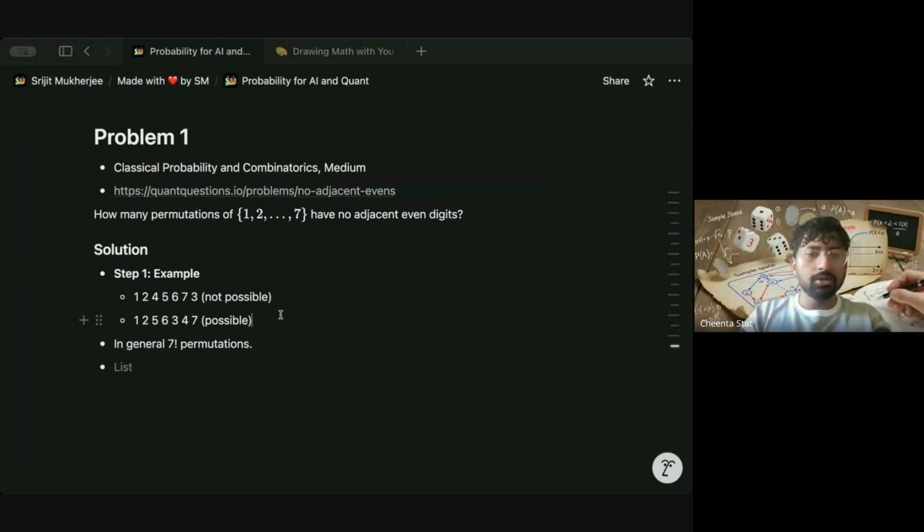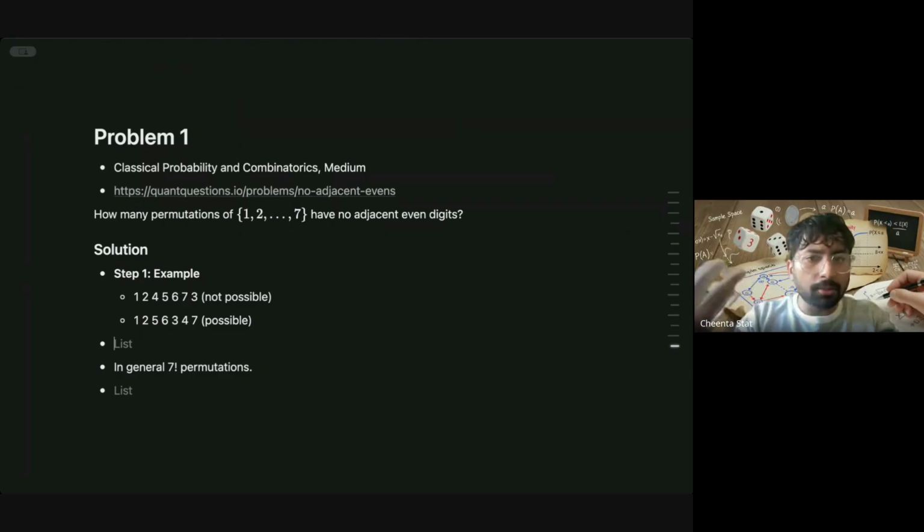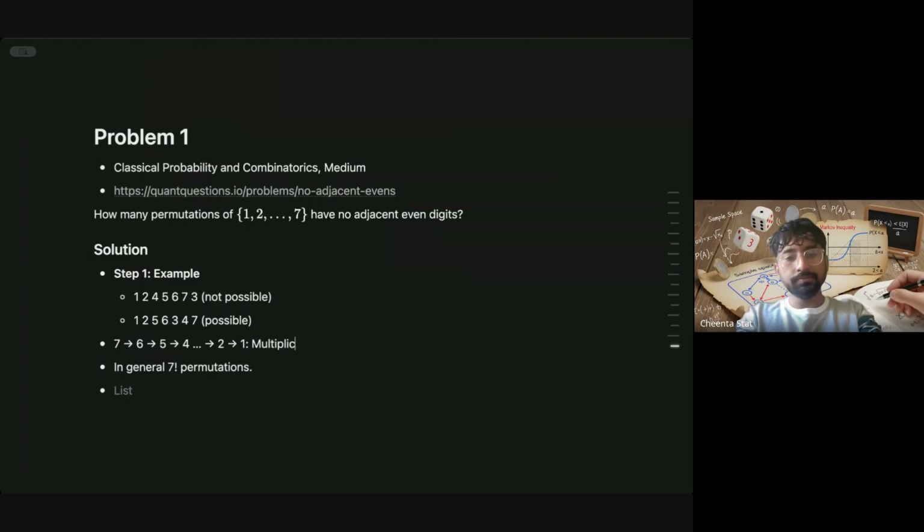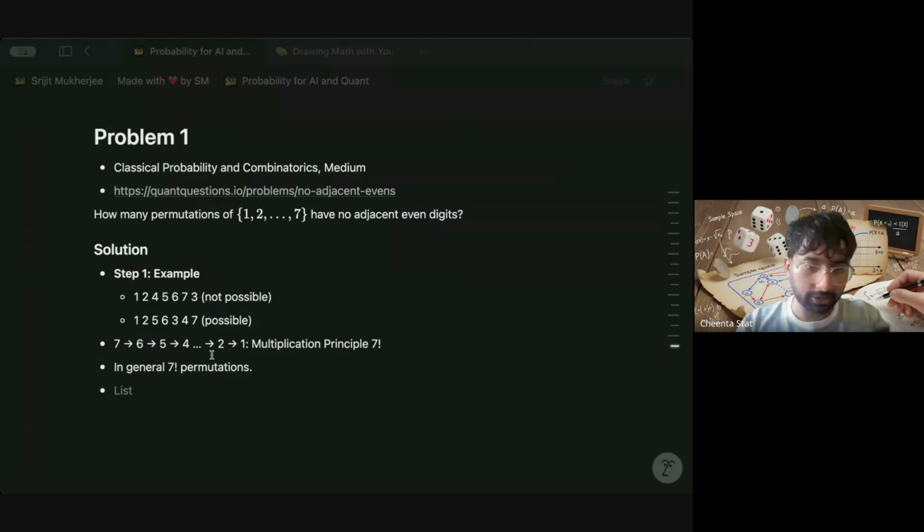In case you do not know how factorials or permutations are done: for the first place there are 7 options, for the second place 6 options, for the third place 5 options, for the fourth place 4, and so on, till the last two places, 2 and 1. And that's how you get, by the multiplication principle, 7 factorial: 7 into 6 into 5 into and so on.